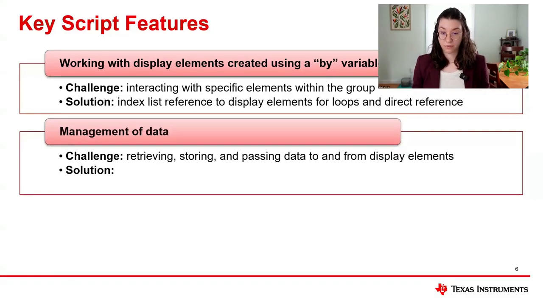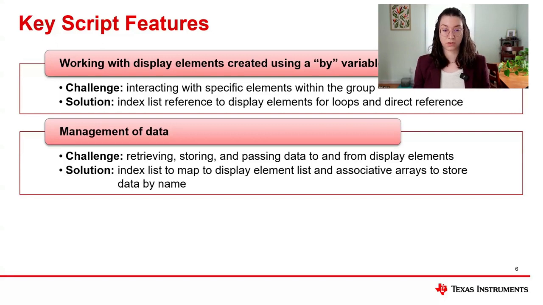There's a lot of different values associated with recipe specs or different aspects within this report that need to be maintained and passed between display elements and other places. So the solution for that is another index list by recipe name that maps back directly to the index list that we had up here and uses associative arrays to store the data by name.